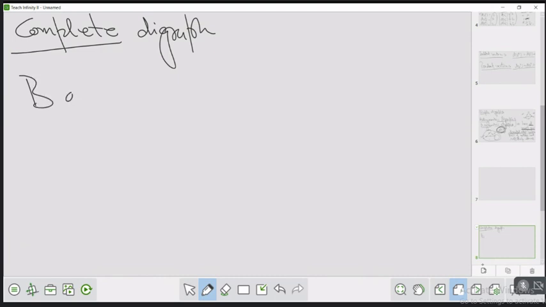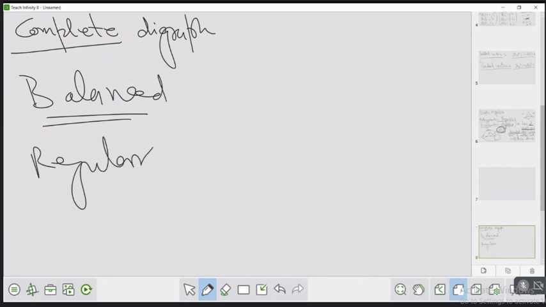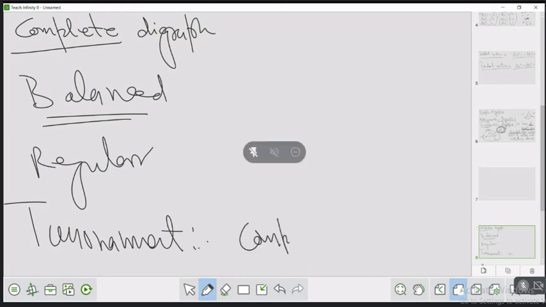You can find balanced, regular. And one word is tournament. A tournament is basically complete plus antisymmetric. A graph which is complete and antisymmetric is called a tournament graph.